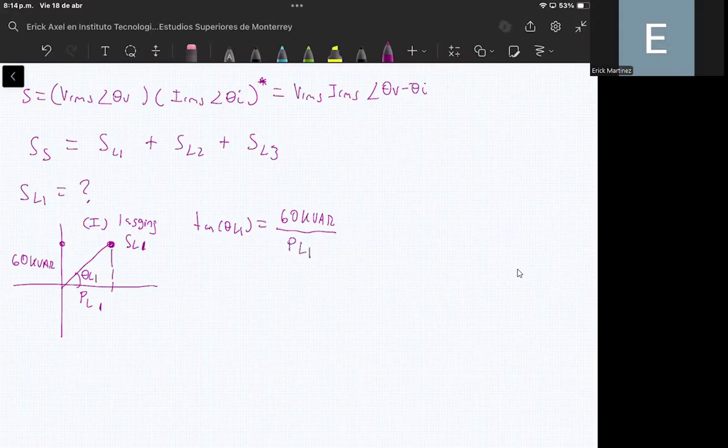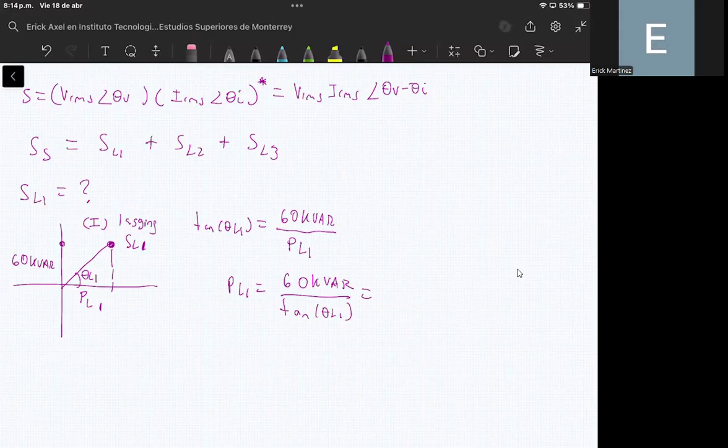So I can solve this equation for the real power, and I can conclude that this real power should be equal to 60 kilovars divided by the tangent of theta L1.